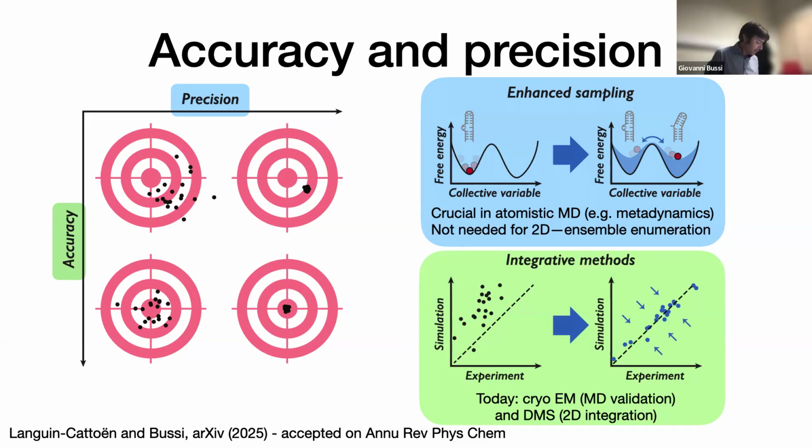The only way to improve accuracy, I would say, is to integrate methods. The very base level of integrative methods, level 0, is just validation against experiments, so you do some prediction that can be directly validated. Today we show validation against cryo-EM experiments. Or you can also try to do integration, and here I will show integration of DMS data into the ensemble prediction.